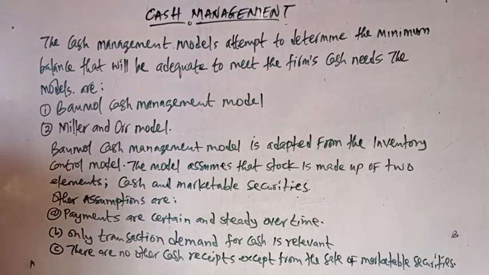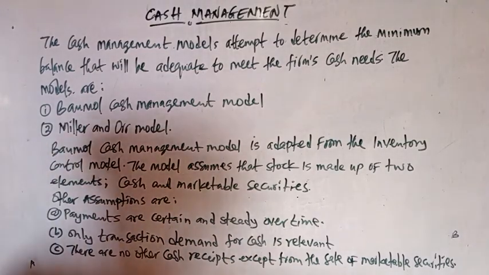The deterministic model is that which knows all parameters of stock with certainty, while the stochastic model is that model which tends to attach some element of probability to determine the quantity of stock to hold.